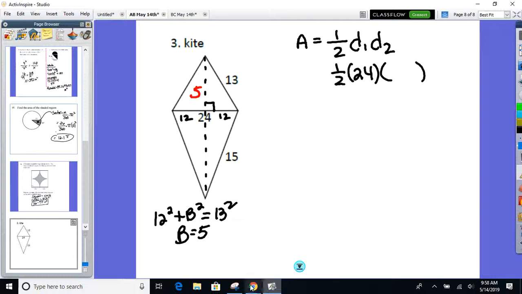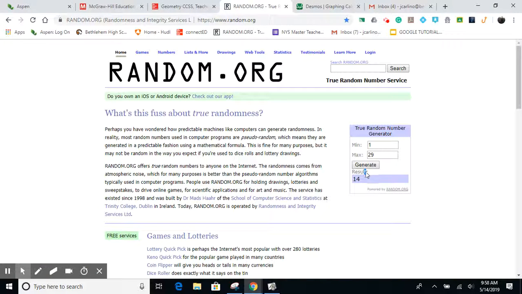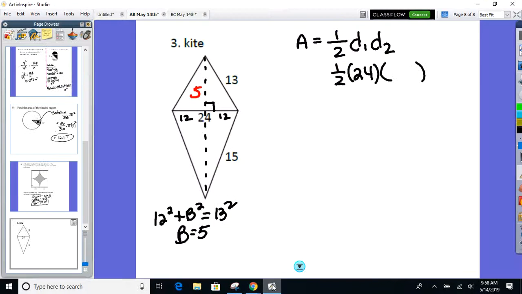And then can you set up Pythag for the second one? Yep. We're just going with it.